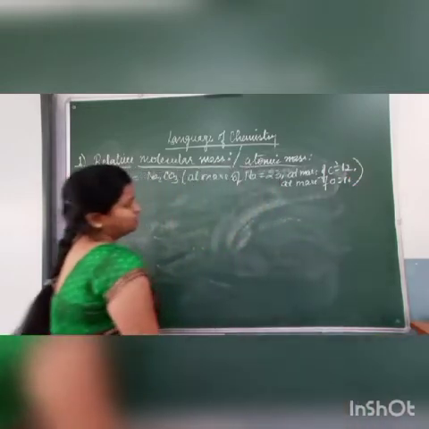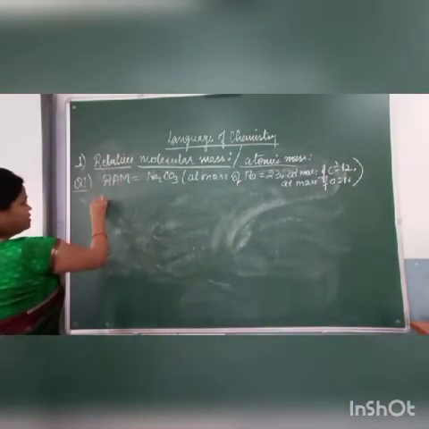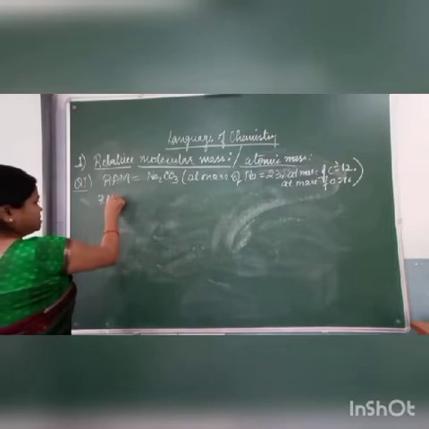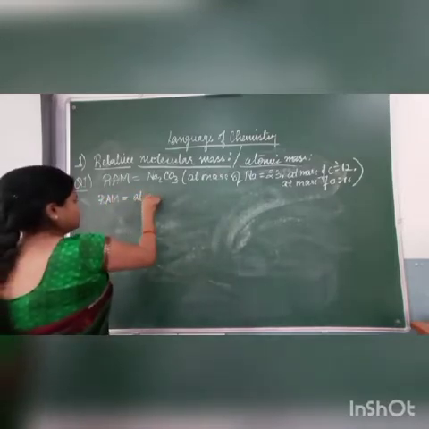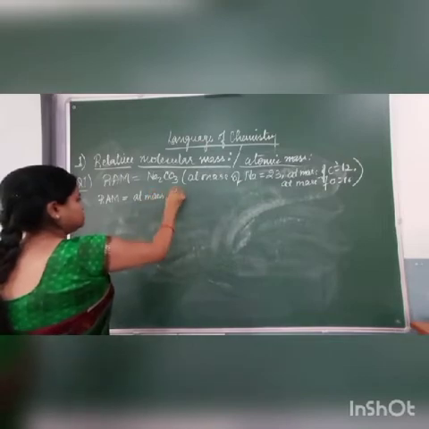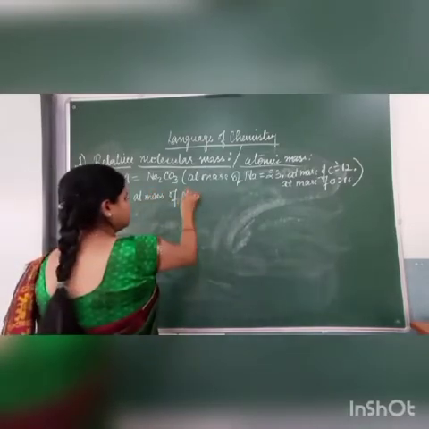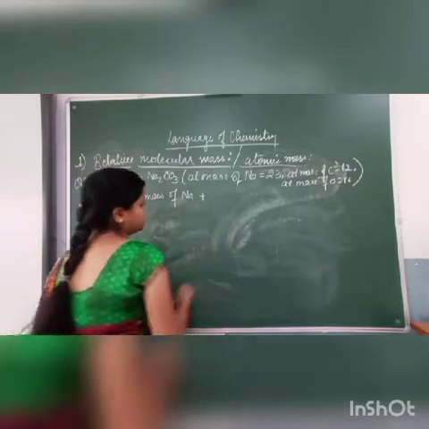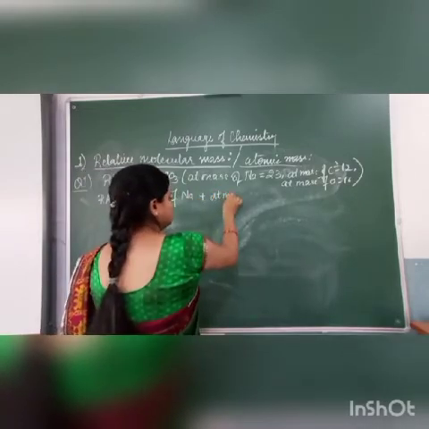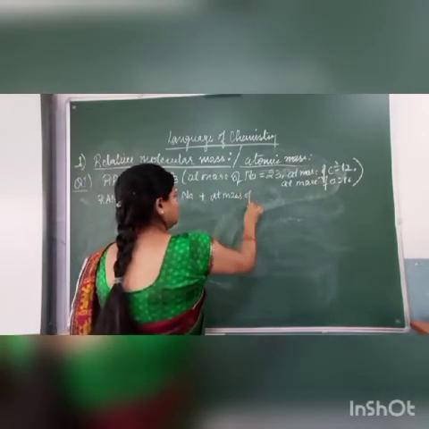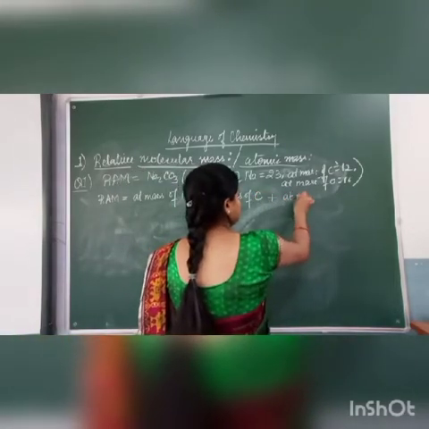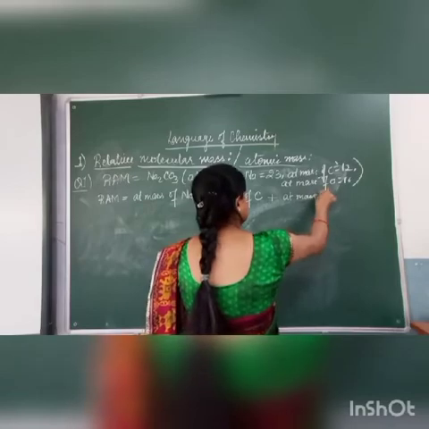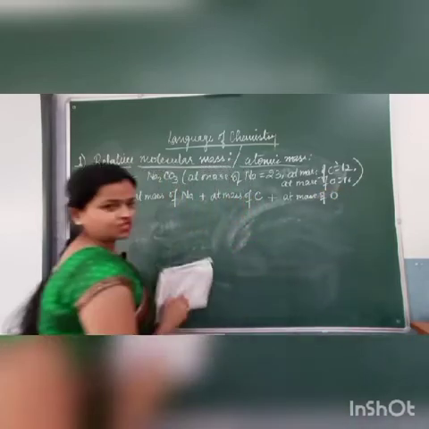Okay. Now we will solve it. Relative atomic mass is equal to atomic mass of sodium plus atomic mass of carbon plus atomic mass of oxygen. Okay.